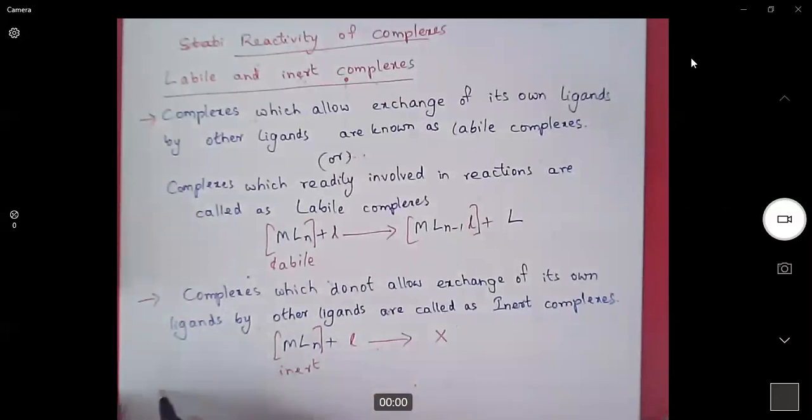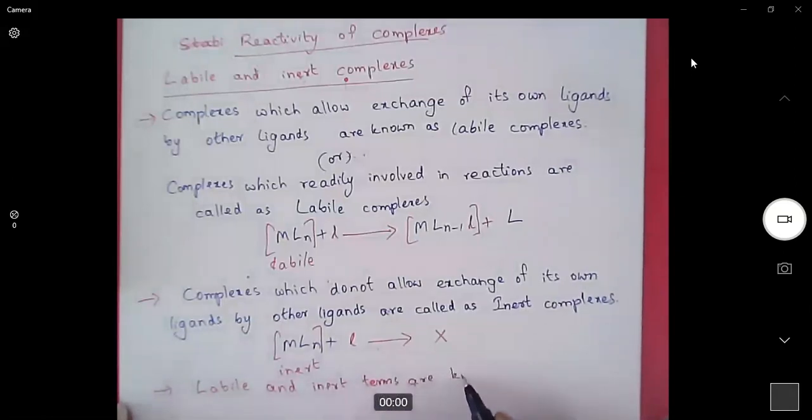Labile and inert are kinetic terms. That means they only tell you whether a complex will be involved in a reaction or not.